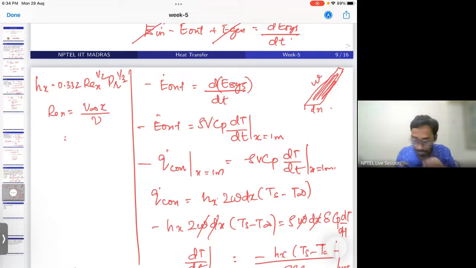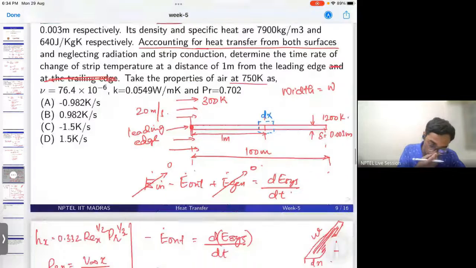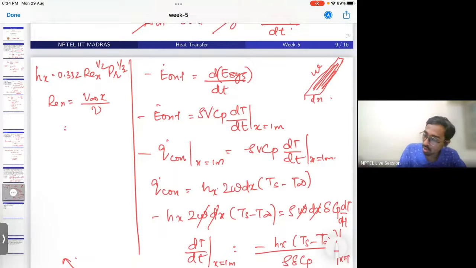So that we can calculate. I am not calculating it here. If you calculate it with all the values I have given, that is mu, V, Prandtl number, everything, the Reynolds number comes up to be 2.61 into 10 raised to 5, which comes in the laminar region.